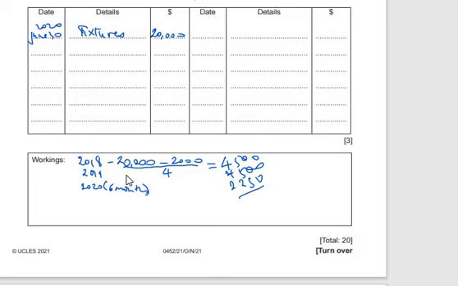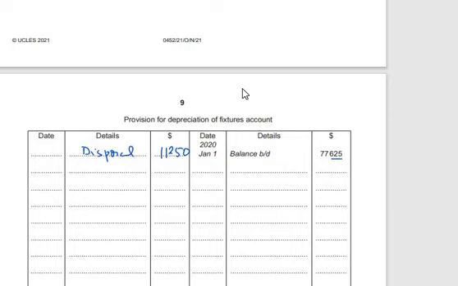So what do we do? Again, you remember the provision for depreciation of the fixtures? It's 77,250, and we have to remove 11,250, and we transfer this to the disposal account. Still, we are doing this on 30th June 2020.